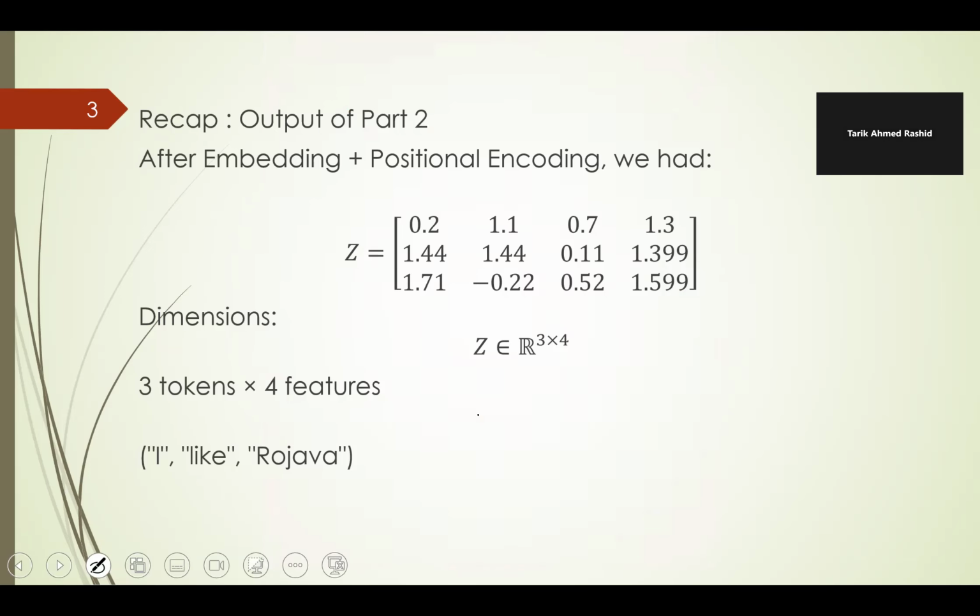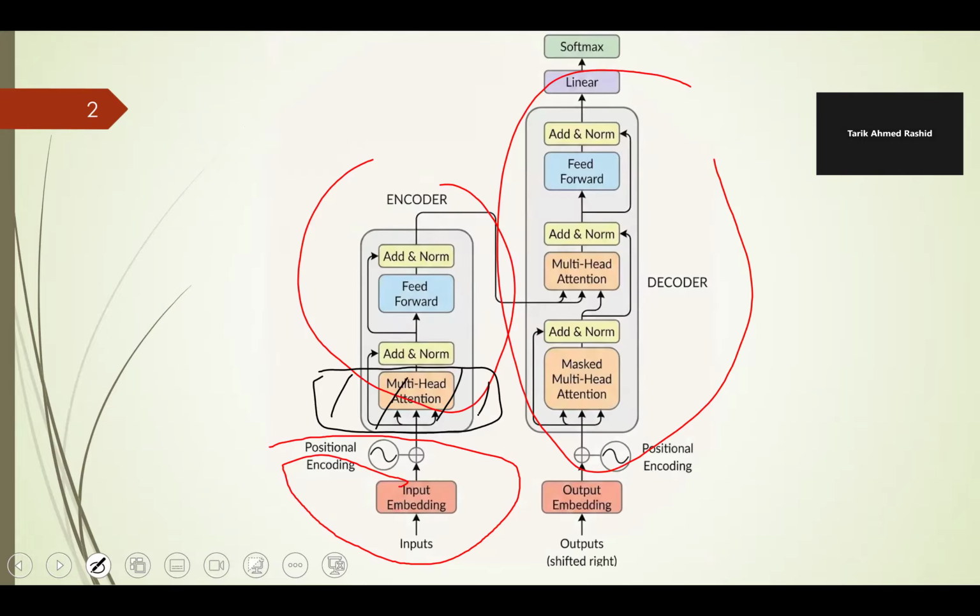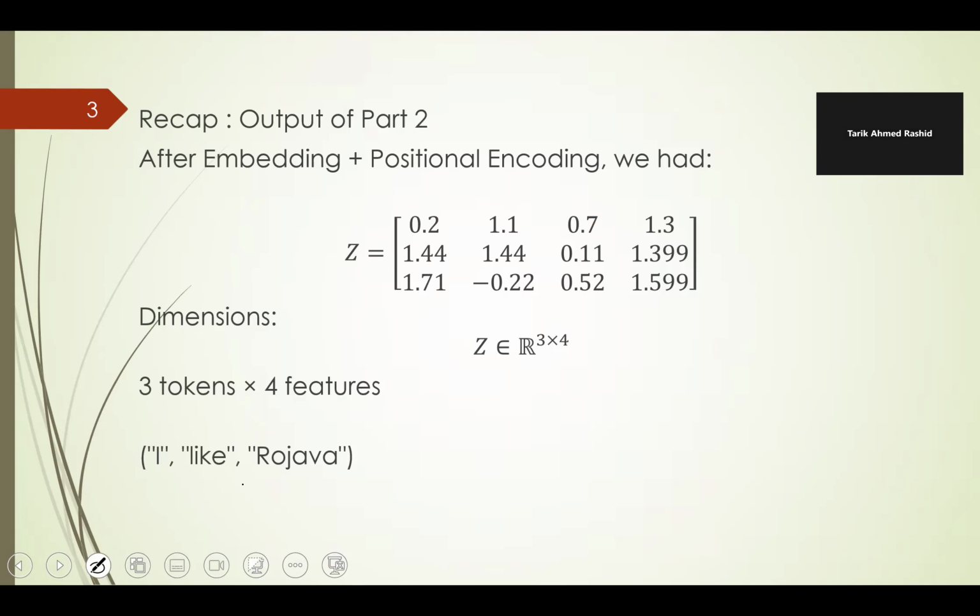Now, a recap from Part 2: we found the input. This part was Z, which was the embedding plus the positional embedding.